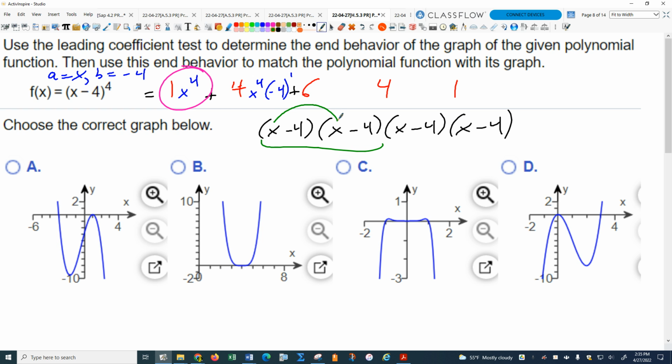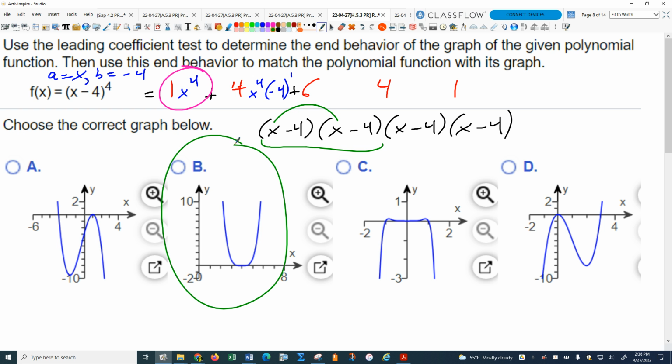That's going to be the biggest power of x, an x squared, right? So I'm going to get x squared plus a bunch of other garbage. When I distribute that to the next one, I'm going to get an x cubed plus a mess, right? When I distribute that x cubed to this guy, I'm going to get an x to the fourth plus an even bigger mess, right? But again, I'm just getting a plain old x to the fourth. So it's got to be that guy right there.